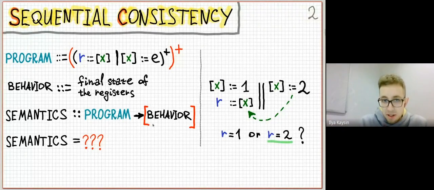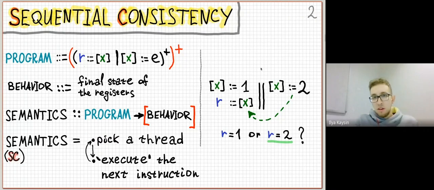But our goal stays the same. We need to provide an algorithm that takes a program and gives us a list of all possible behaviors of this program, all possible results of this program. It doesn't look challenging because we can just do the following.